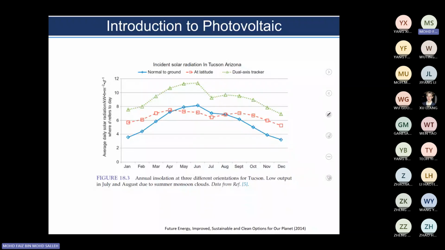Okay, if you are working on some project with solar cells, maybe you have used some of this kind of technology, the tracker that tracks the sun. And this graph shows us the average daily radiation throughout a year.